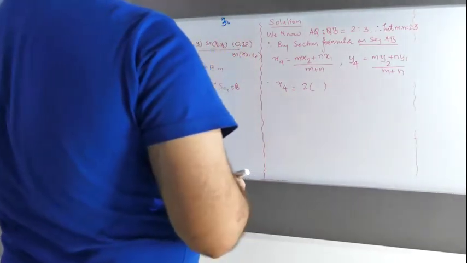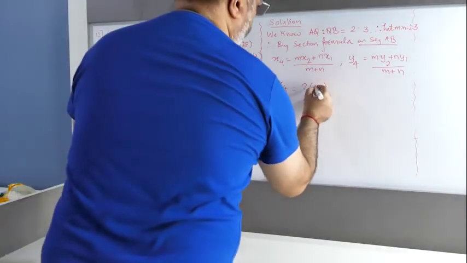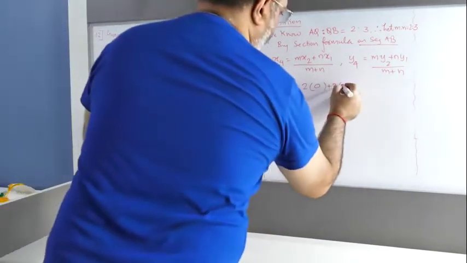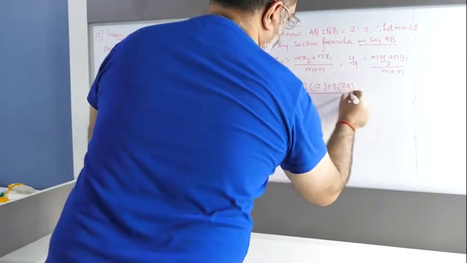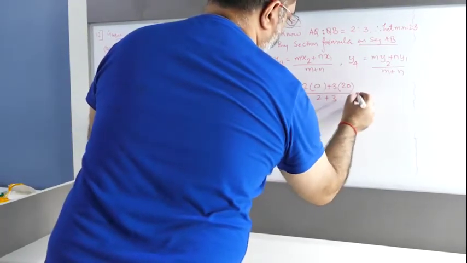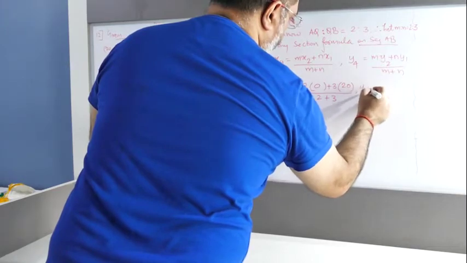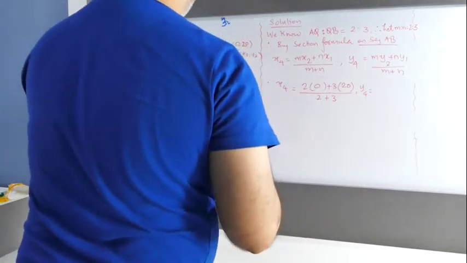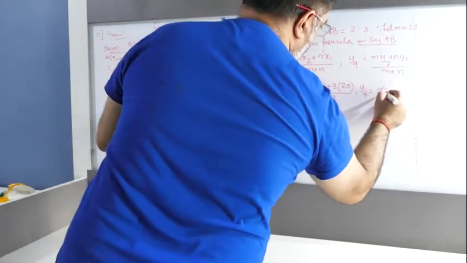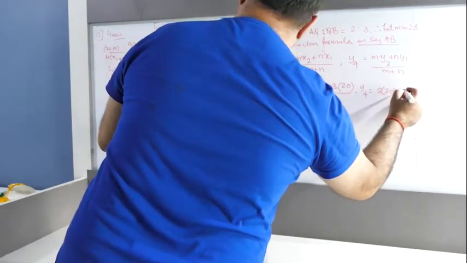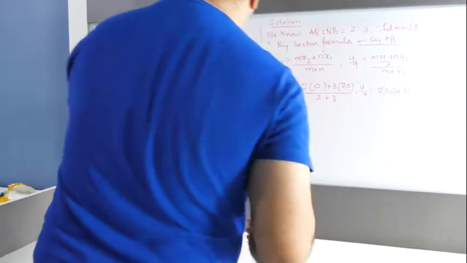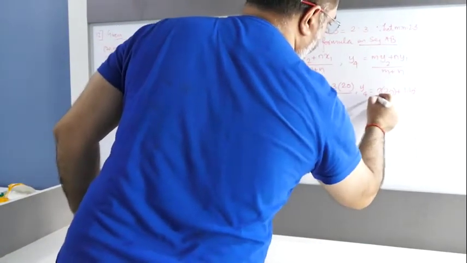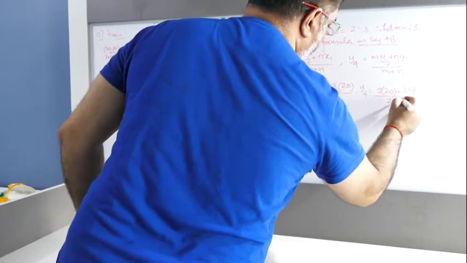Here, x2 value is 0. What is x1? 20, upon 2 plus 3. Similarly, what is y4? The value of m is 2, y2 is 20, so 2 into 20 plus 3 into y1, y1 is 10, divided by 2 plus 3.